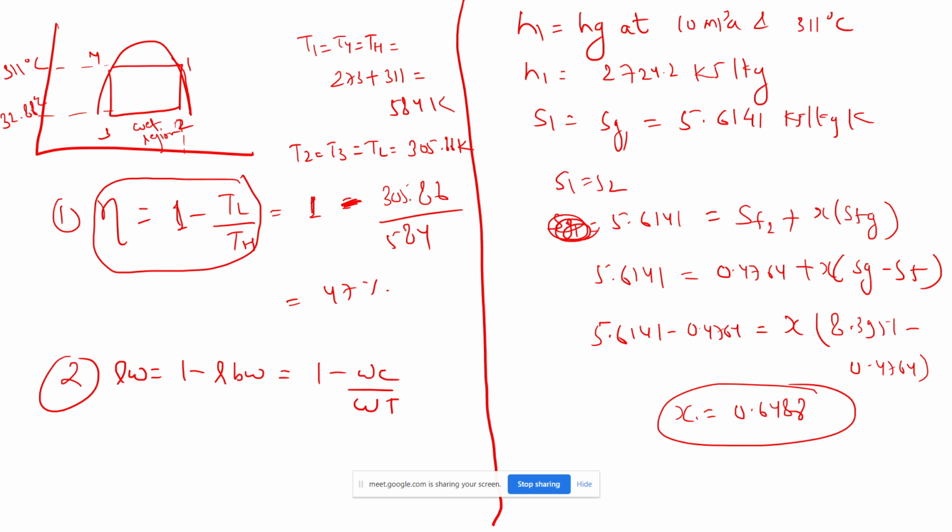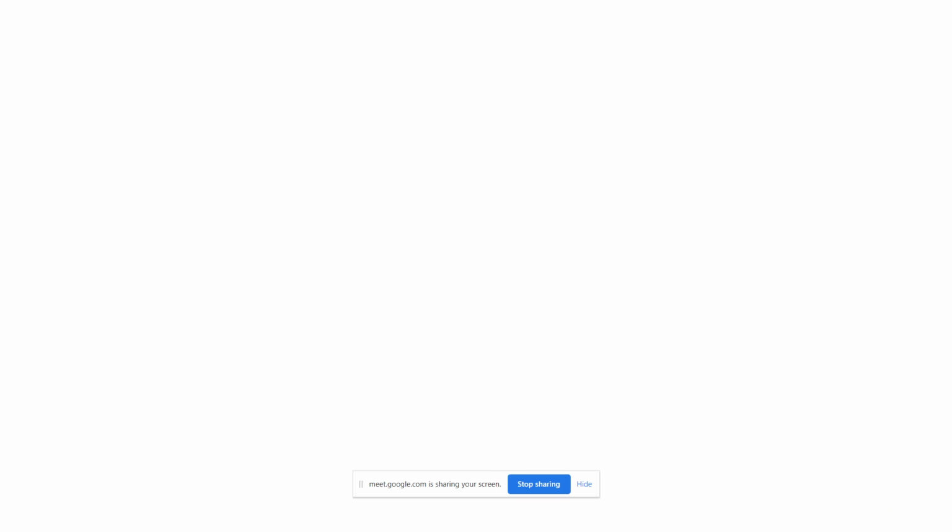Yes, sir. X2 is the dryness fraction at point 2. So from here we can find the enthalpy at point 2 as HF2 plus X2 into HFG2. The HF2 value is 137.88 plus 0.6488 into HFG, which is the difference of Hg minus Hf.